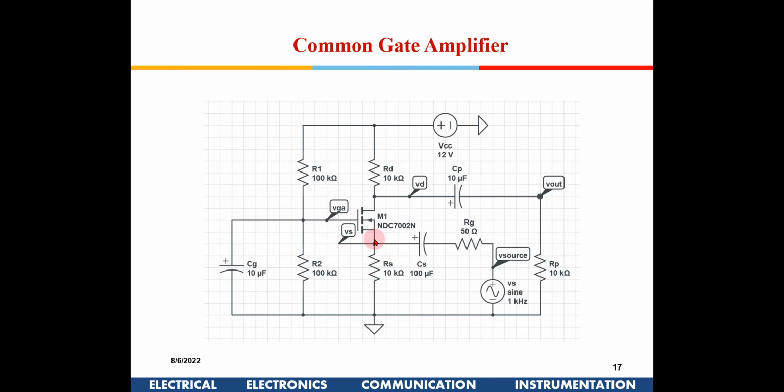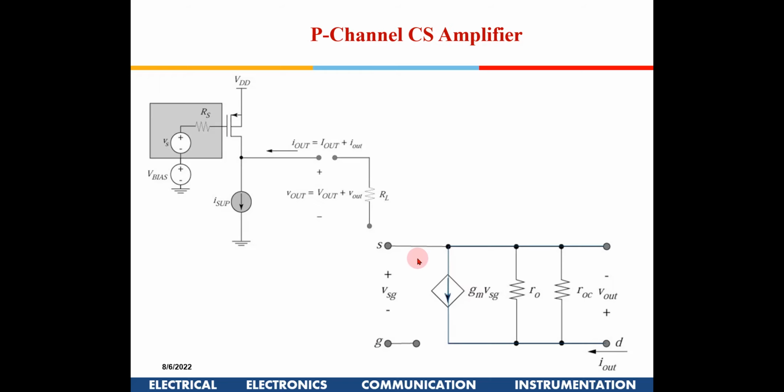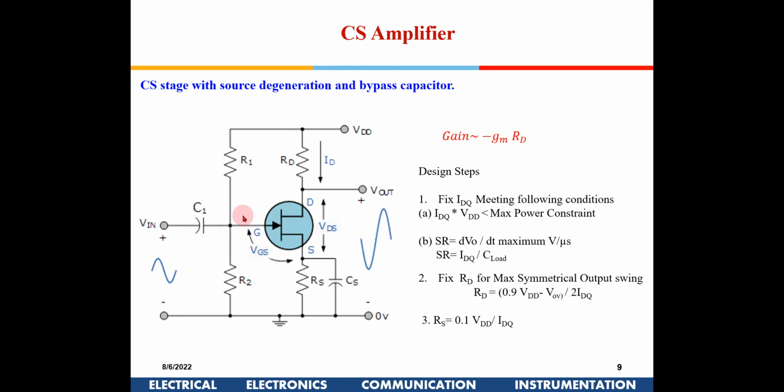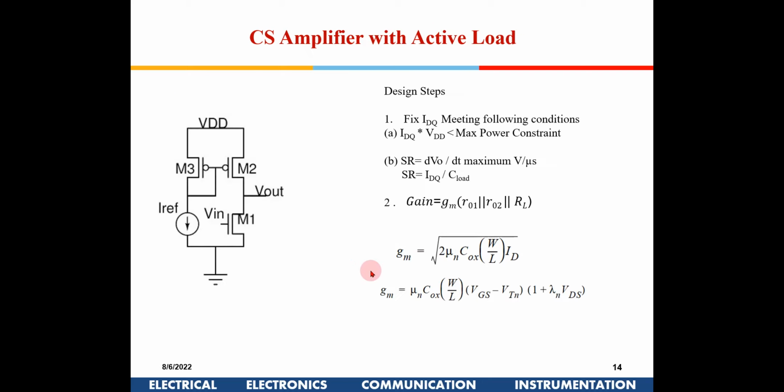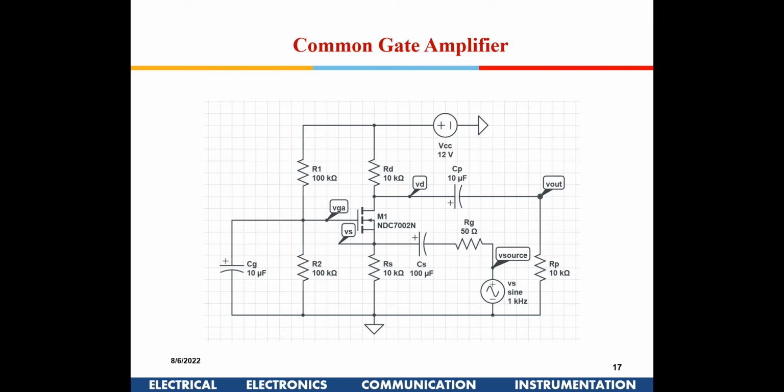We saw in the common source amplifier, the issue was this CGD. The signal from here to here has gain, so this CGD will come into the input side in the equivalent circuit as CGD into gain. That becomes a large capacitance that will attenuate high frequencies. Here in this circuit, between the gate and the source, there is no voltage gain.